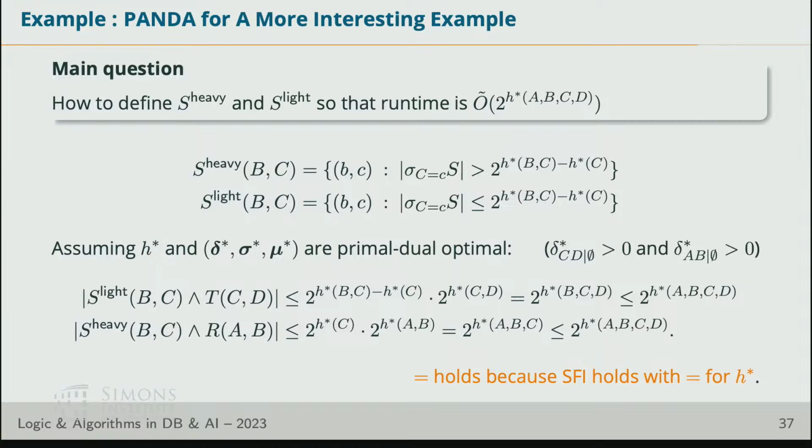And because of that, due to complementary slackness, you will get this equality out. Yeah, so the analysis is kind of easy, but you really have to delve into the details of the linear program to know for sure that you get an equality here, and that the runtime bound of all of the intermediate results are really upper bounded by the polymatroid bound. Okay, so I will upload the slides, and you can chase through the details to get it.